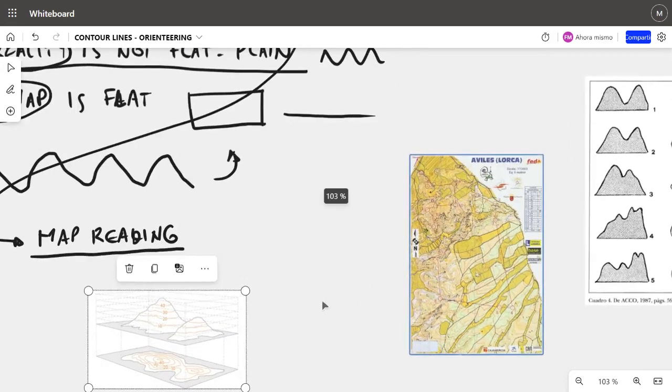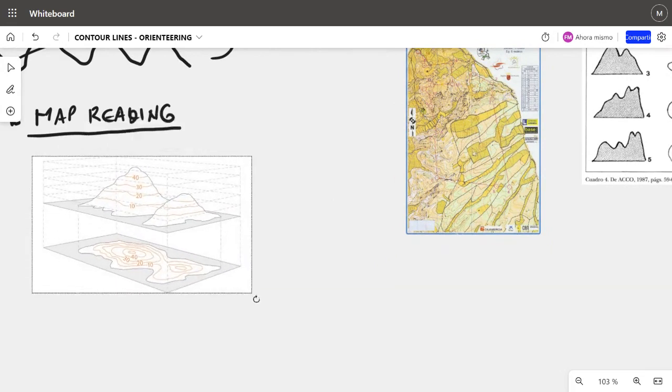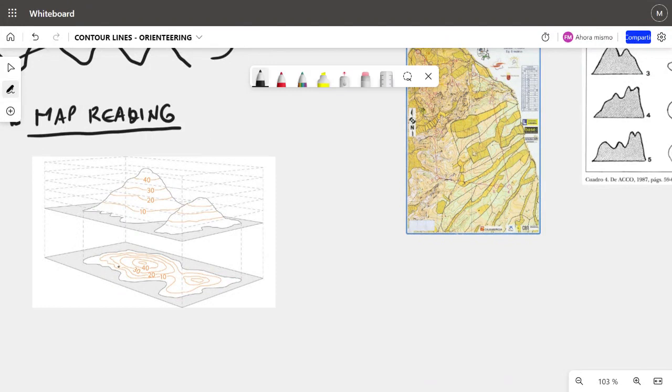As we have been seeing in class, in several classes, the way that the contour lines are painted in the map is by slicing the mountains or the land or the real world by horizontal cuts or horizontal slices that are projected on the paper. This is something that we don't do.